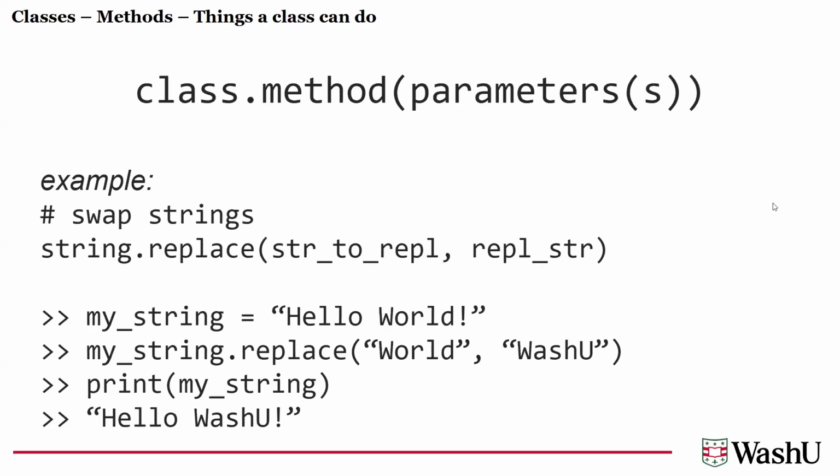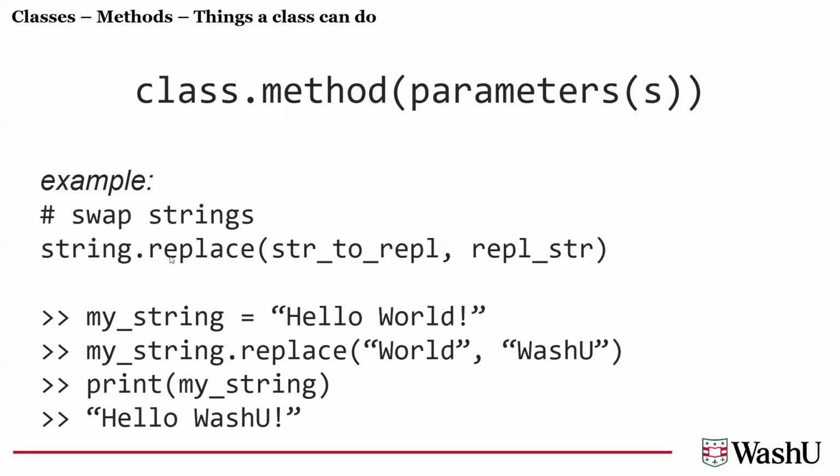When we're talking about methods associated with the class, the syntax is usually the name of the class, the name of the method, and then open and close parens with 0 or more parameters. So for example, say we have a string, just a piece of text within Python. There is a method associated with the strings in Python that is the replace method.